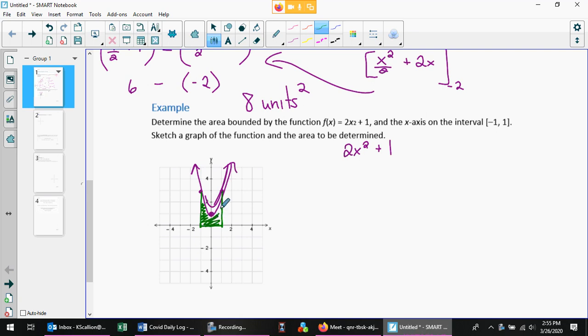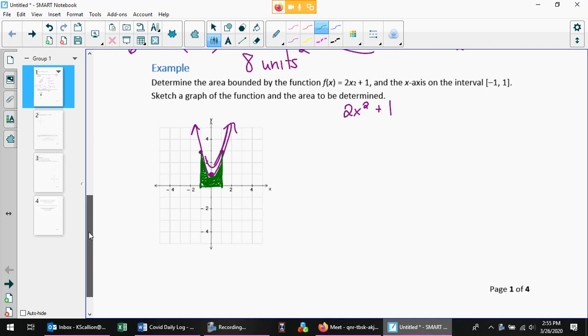So this whole green space right there. All right, so this one, as you can see, is going to be much harder to calculate graphically because it's not linear. It's not going to give me a triangle. It's not going to give me a rectangle. So I have to rely just on my integration.